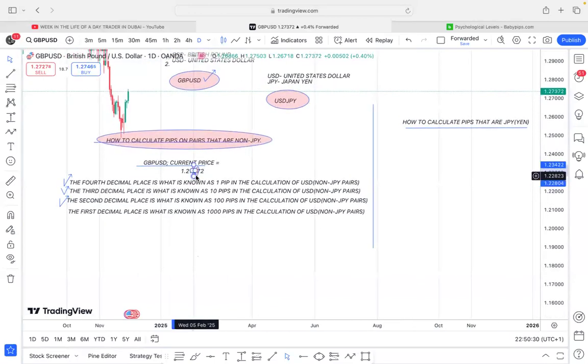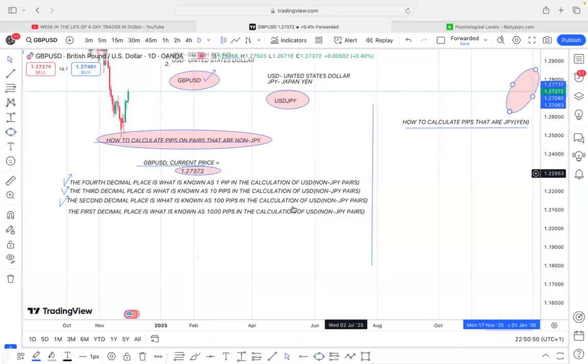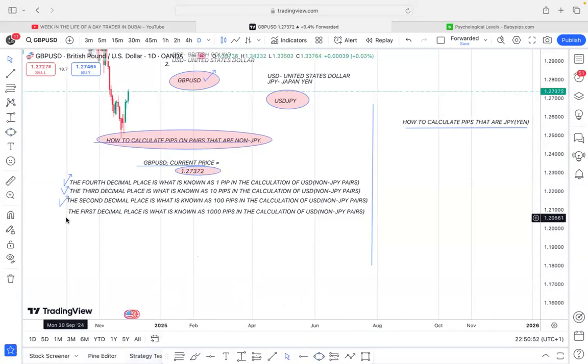Like I said, the current price, which you can see on this green side right here, is 1.27372, which I have currently right here also. So the first decimal place is what is known as 1,000 pips, meaning that's where you're going to start your calculation.